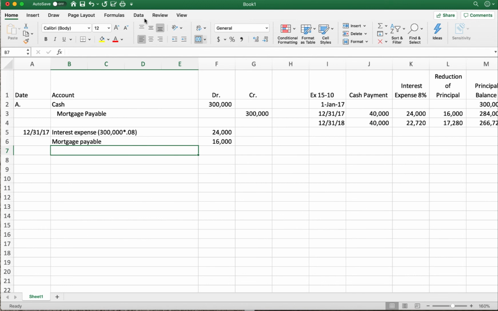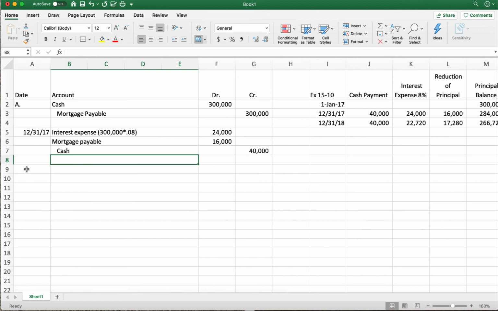And then finally, I'm going to credit cash, because obviously I'm paying cash. The installment payment's $40,000. So that's the first installment payment.